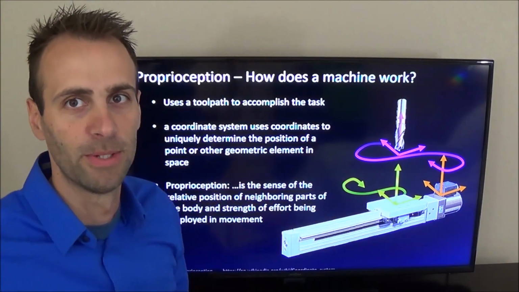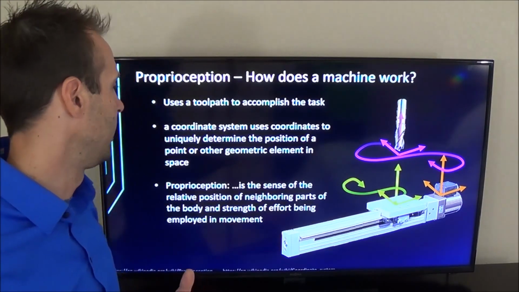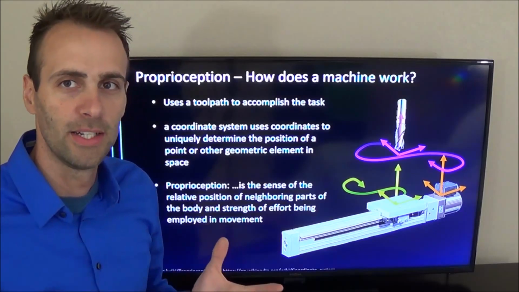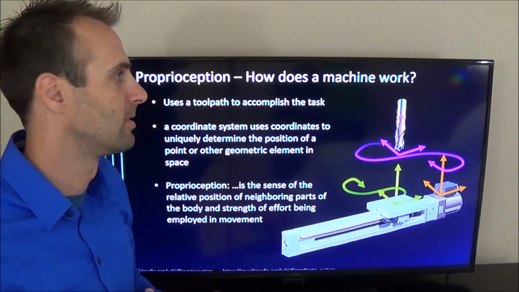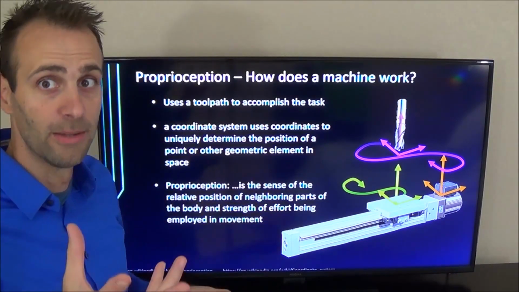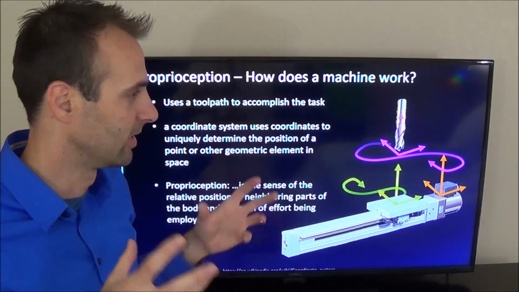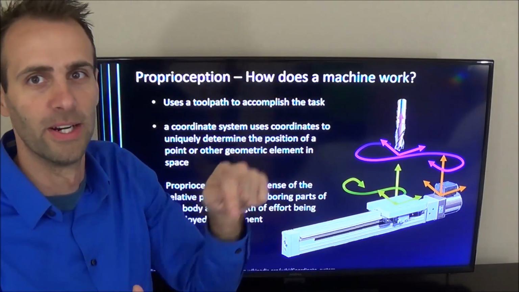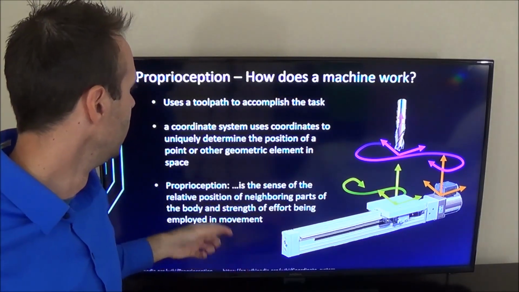It's going to accomplish that same task. The key function of this machine is that it's going to take a tool path, which could be the path of the part. It's just in reference to the part the tool is moving, so we call that a tool path.